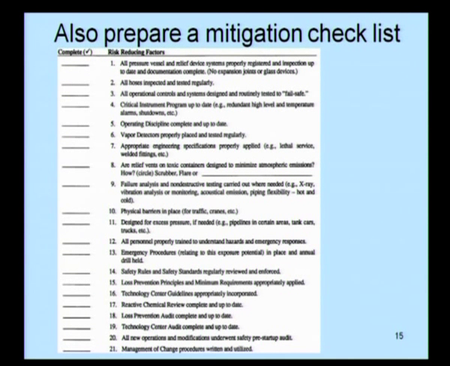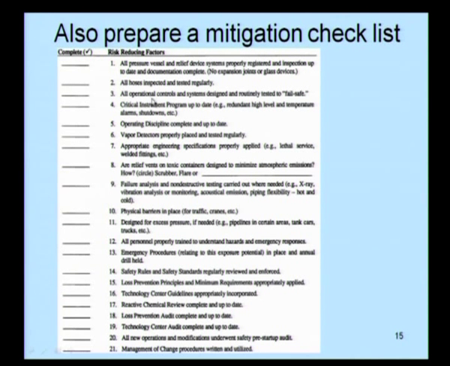Similar to that, I can prepare a mitigation checklist for the chemical exposure index, in which I can list the risk reducing factors. Whether all pressure vessel and relief device systems are properly registered and inspected, check whether it has been done or not. Whether all hoses are inspected and tested regularly, please check that.